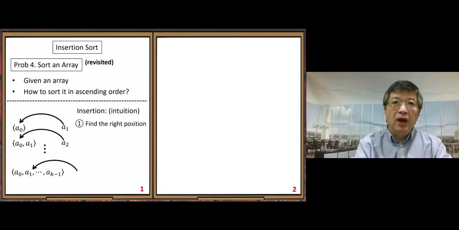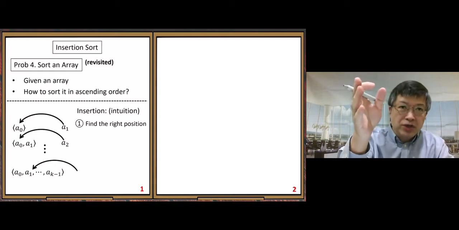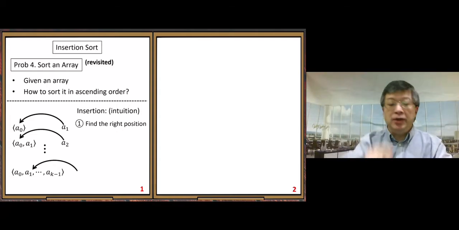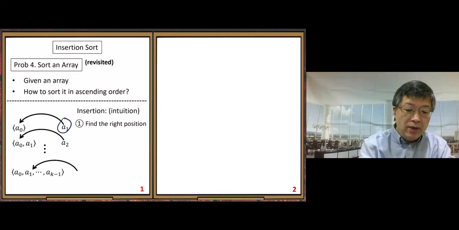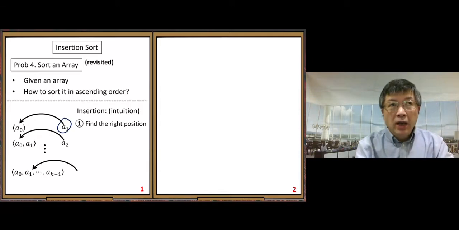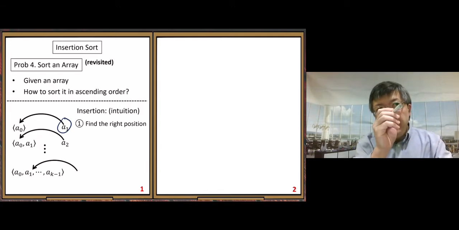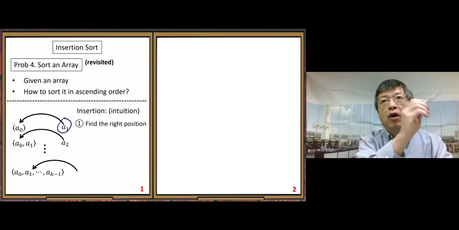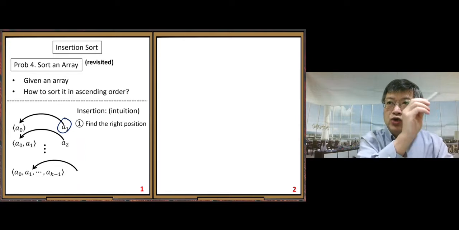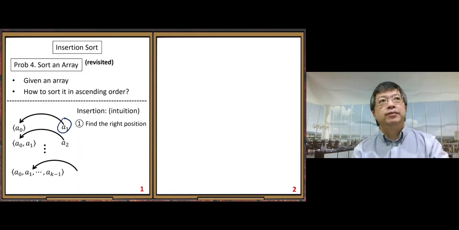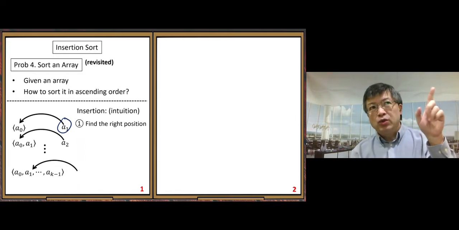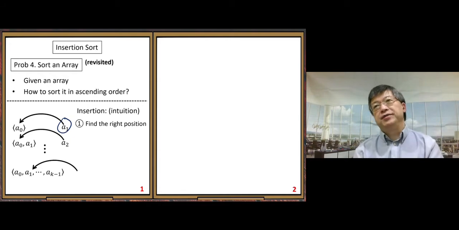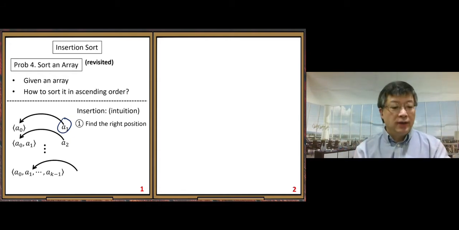The first step: find the right position for the new element A1. It should be in the right place in the current sorted array. But which position? We need to find that position first. That is step one.